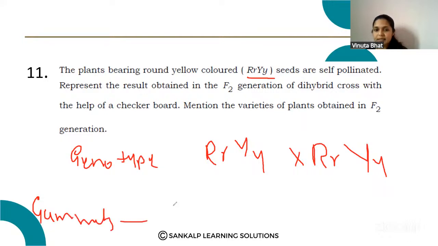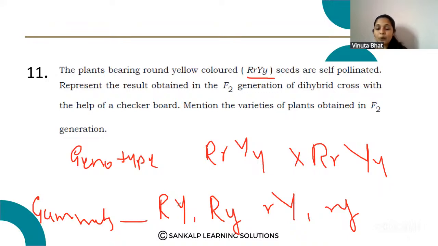The gametes produced are capital R capital Y, capital R small y, small r capital Y, small r small y. So these are the gametes produced in the plants.